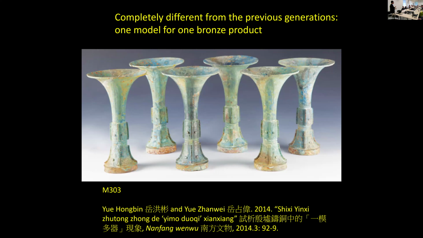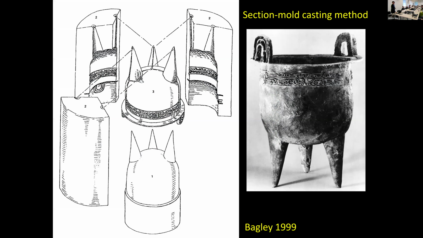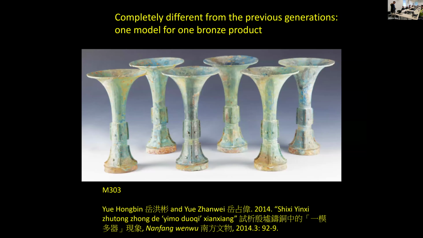Maybe for sacrificial or religious reasons, we don't know so far. For example, in this article by scholars Yue Hongbin and Yue Zhanwei, they argue that although the shape of this bronze bull is highly similar, the detailed decorative patterns still display minute differences.